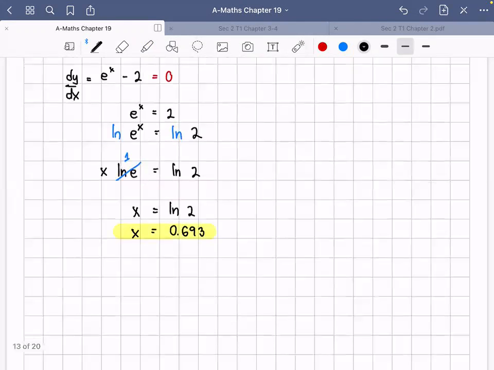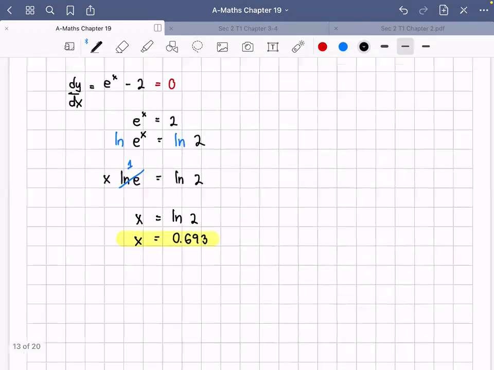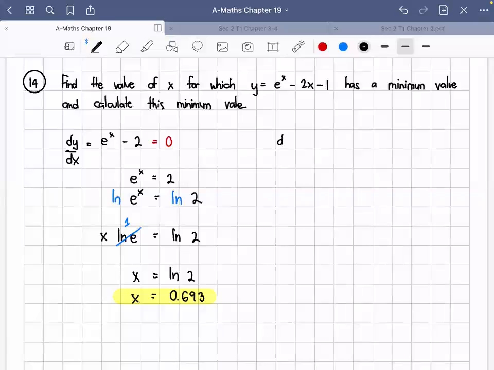Okay, so let's get our second derivative. How do we get our second derivative for this kind of question? So it's the same, right?